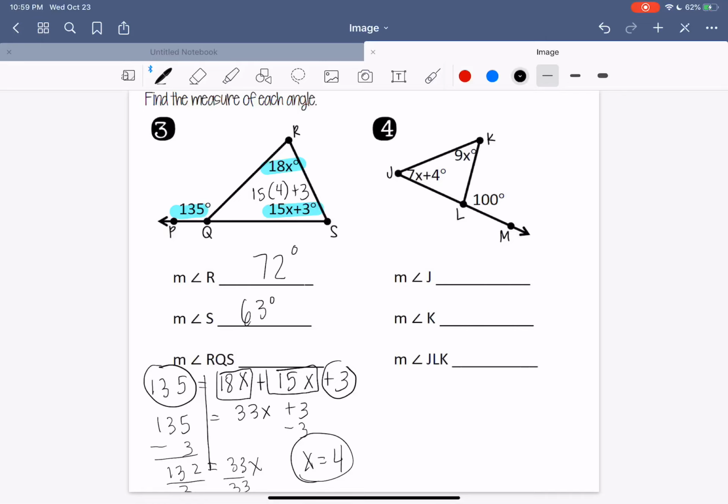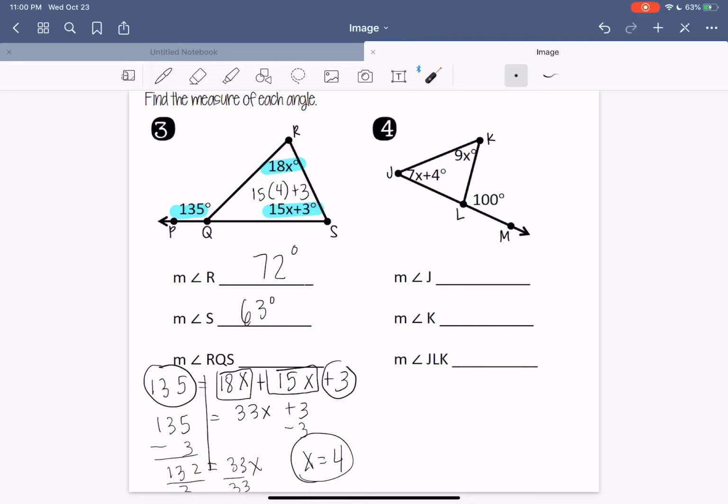And last but not least, we have the measure of RQS, which we know has to be what's remaining after we add angle R and S up from 180.